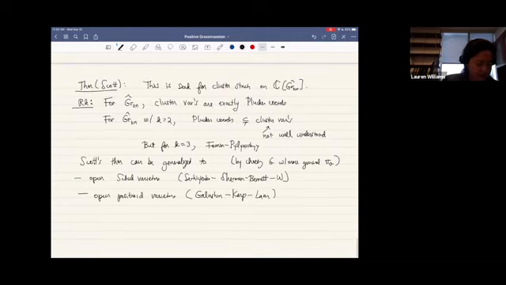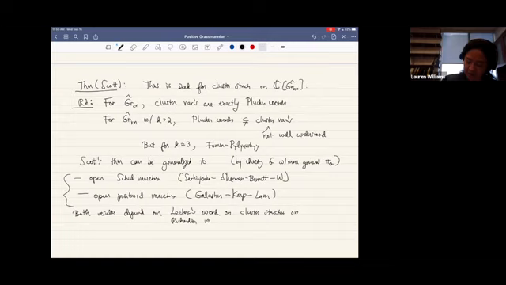Actually, I want to mention that both of these depend on prior work of Bernard Leclerc, on cluster structures on Richardson varieties in G/B.